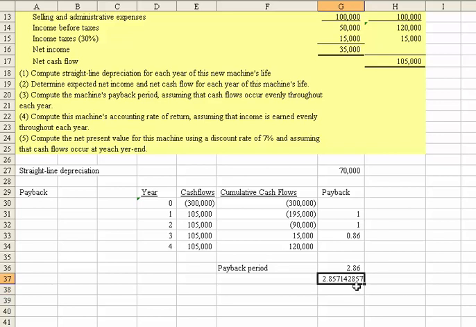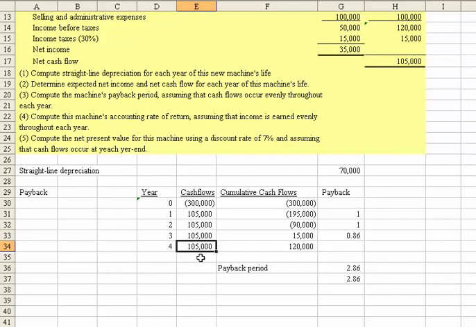And if you do that, you'll see that you'll wind up with the exact same result. Now, that works only when the cash flows occur evenly in every year. If the cash flows varied in various years, then we would have a different solution.